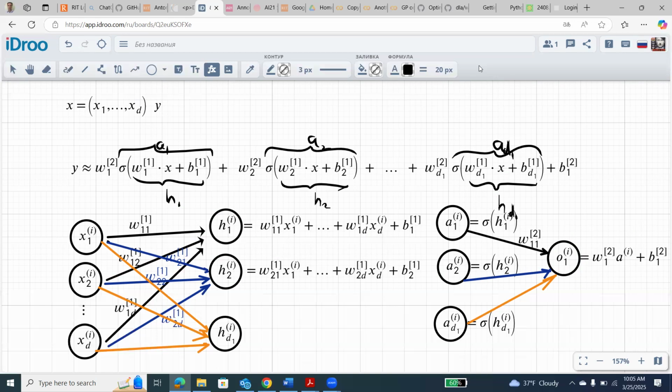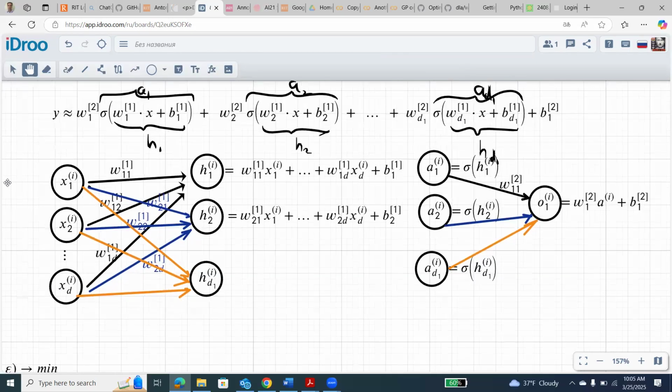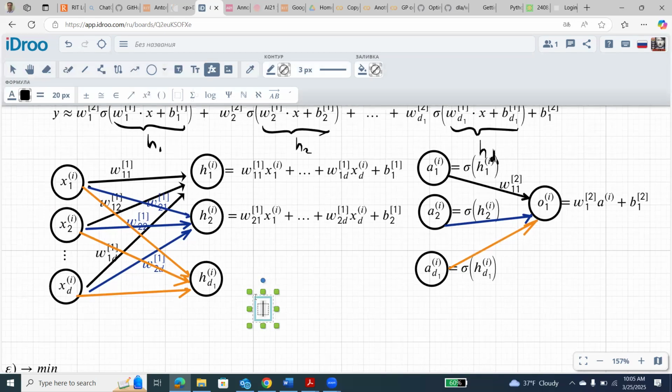And in the end, we have the output, and we should compare this output with our target y and calculate the loss function. So the loss function will be 1 over n, sum from 1 to n.